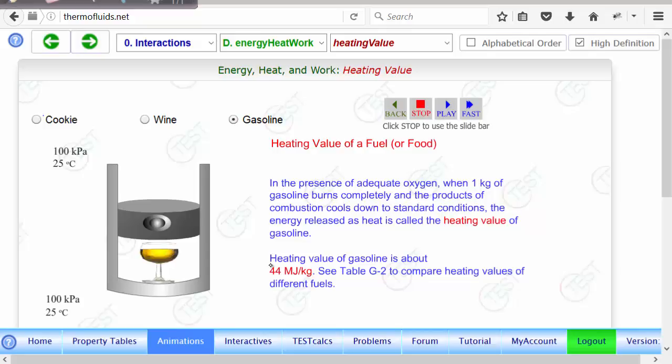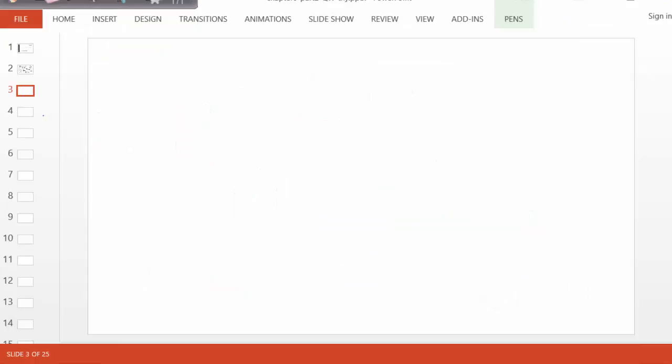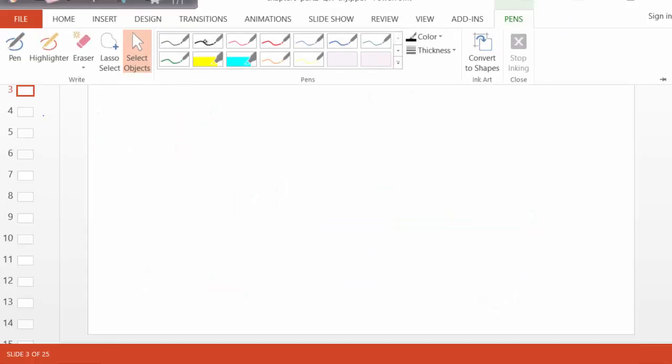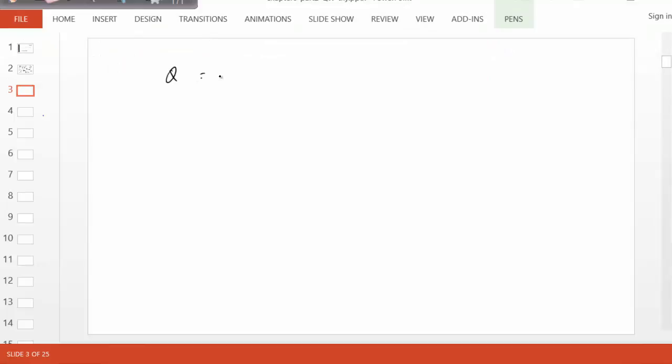Okay, now let's go to the important concept of work. Before that, let me just summarize what we just learned. Q is Q dot times t, this is the rate, kilojoule equals kilowatt times second, and the benchmark is 44 million joule per kg of gasoline.